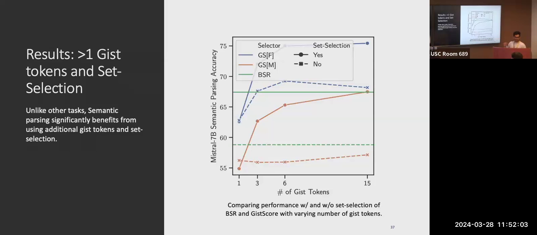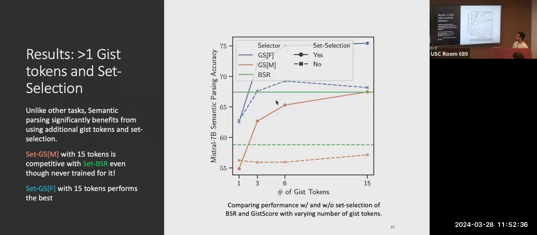On the x-axis, you have the number of GIST tokens. And on the y-axis, you have the average semantic parsing performance. The solid lines are with set selection, and the dashed ones are without set selection. We also have BERTScore recall, which obviously is a straight line because it doesn't vary with GIST tokens. The multitask model is able to match the set BSR, even though it was never trained for semantic parsing.